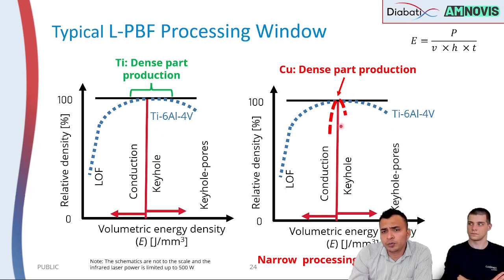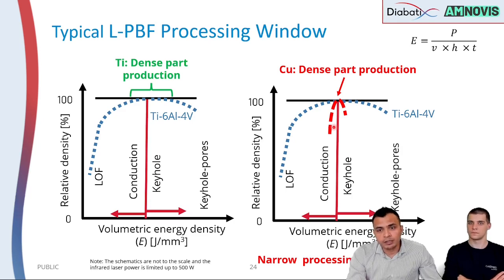And this is due to the high thermal conductivity, which dissipates a lot of energy. One important point I failed to mention is that the processing window is quite narrow, which means it will have its own challenges about process stability.